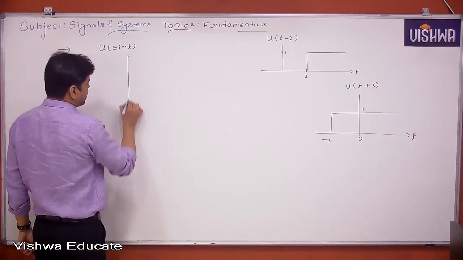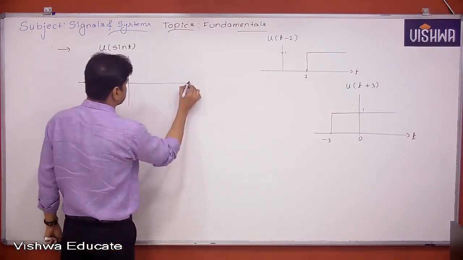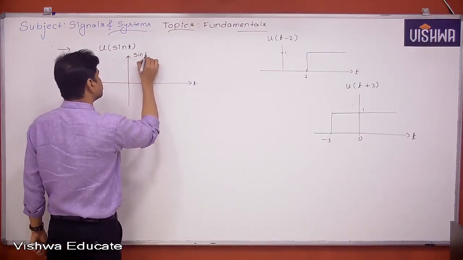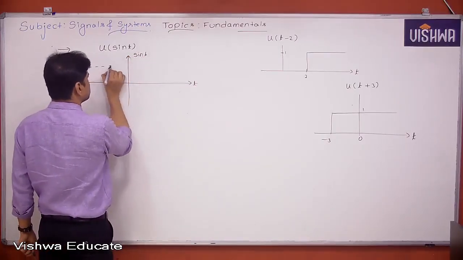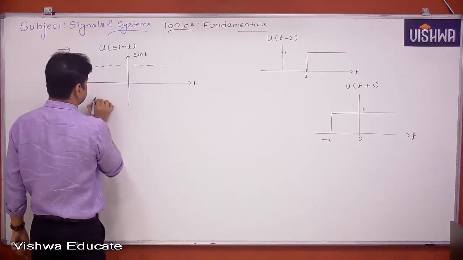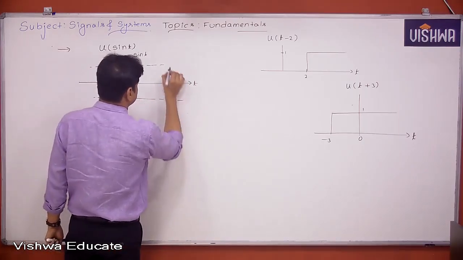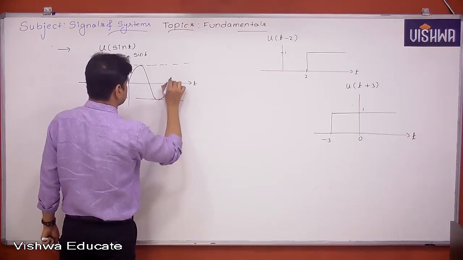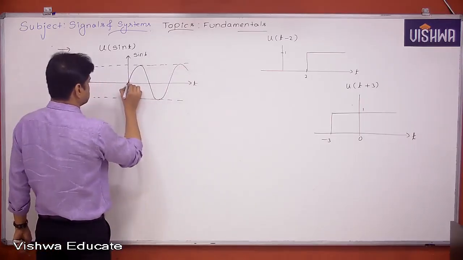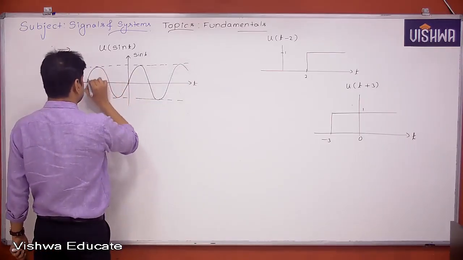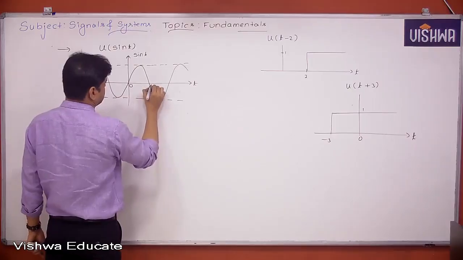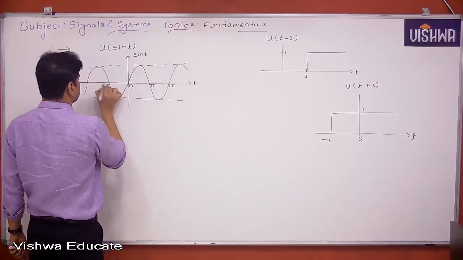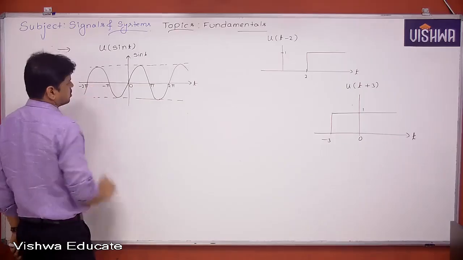If I draw the sin t curve, how does it look? Let's check where it is going to be positive and where it is going to be a negative value. Zero, pi, 2 pi, minus pi, minus 2 pi, like that.